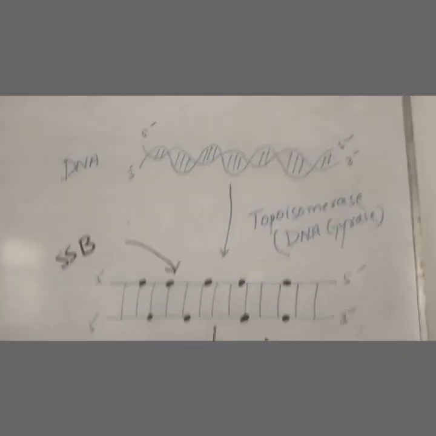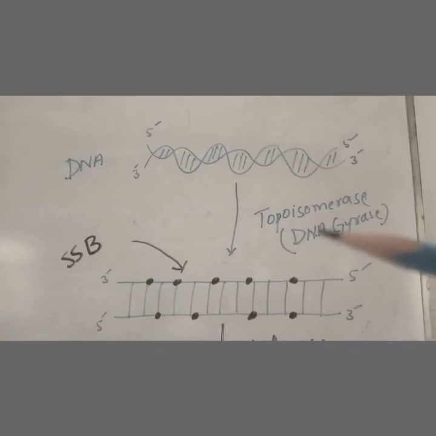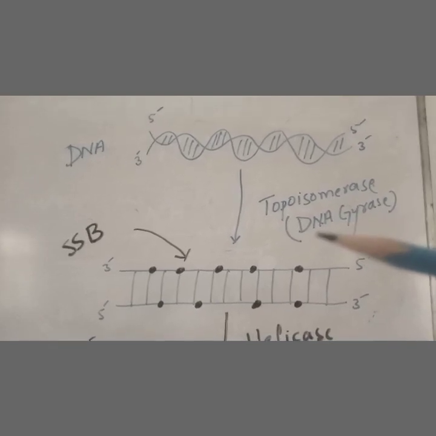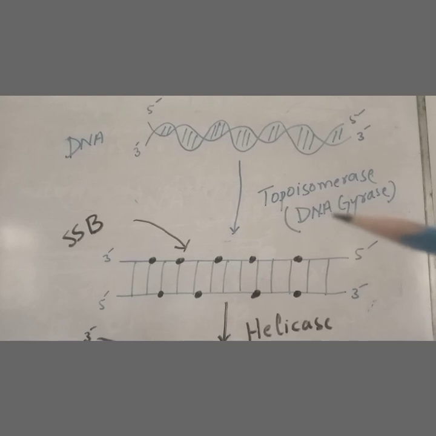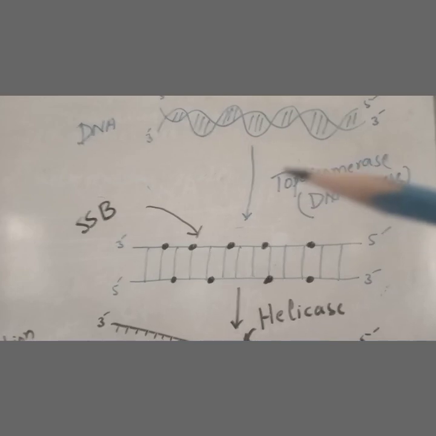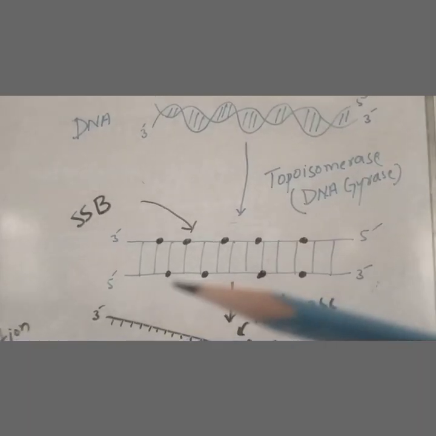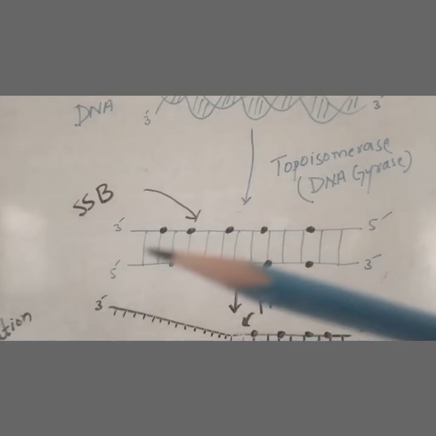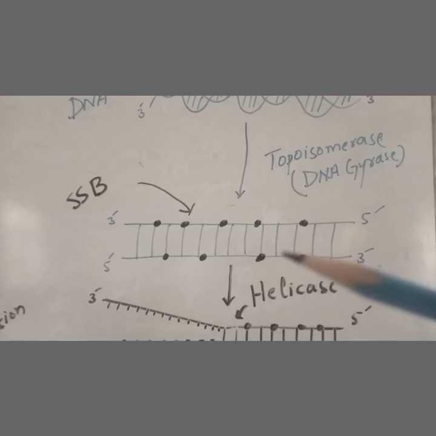So look here. That is the double-stranded DNA, where the topoisomerase, also known as DNA gyrase in the prokaryotic cell, comes and uncoils the duplex helix. After uncoiling, this helix becomes just like a ladder.